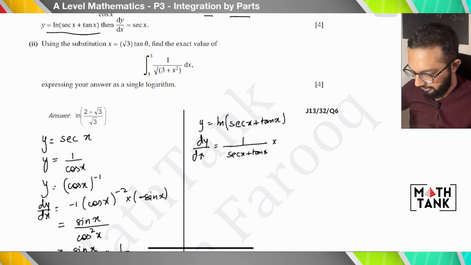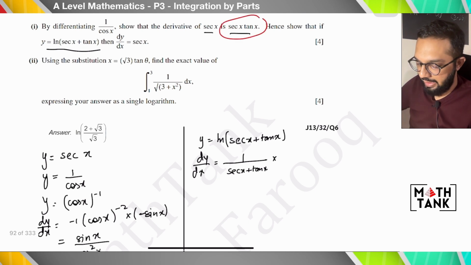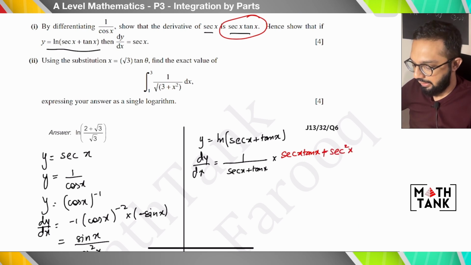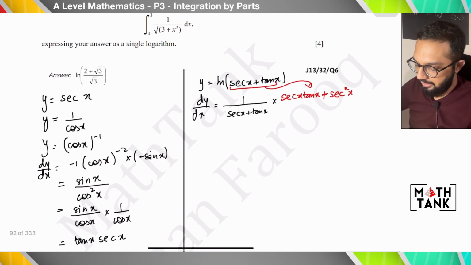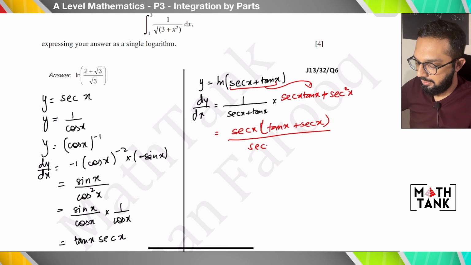So remember that you just differentiated sec x as sec x tan x, and tan x itself differentiates to sec squared x. So I'm differentiating this here because that's f dash of x. I can take a sec x common and then say that the numerator and denominator have something in common that cancels out. So I'm left with sec x.